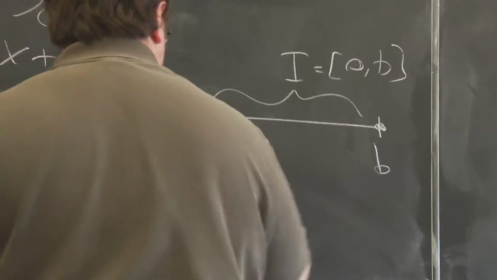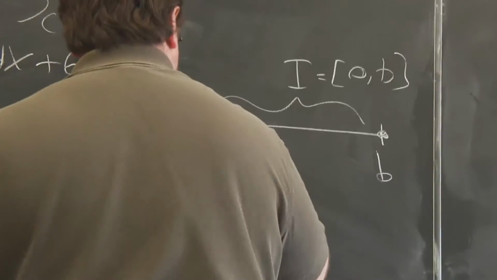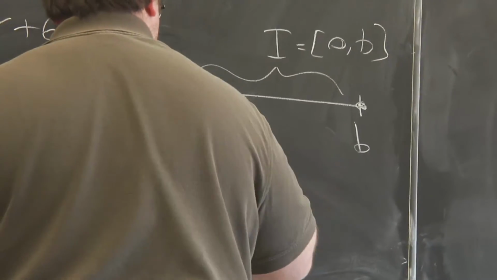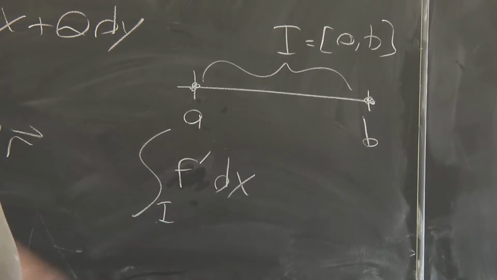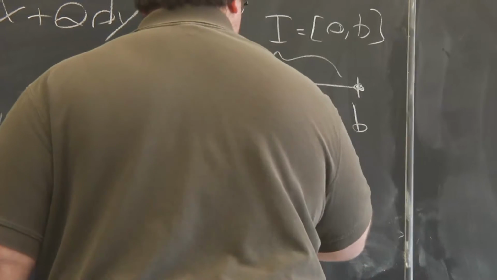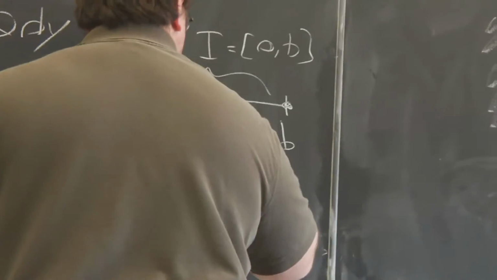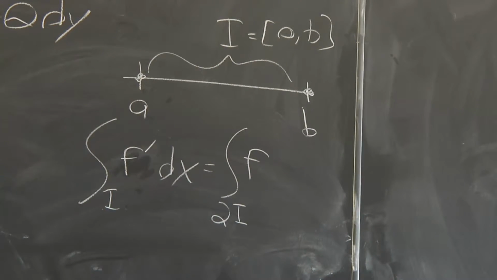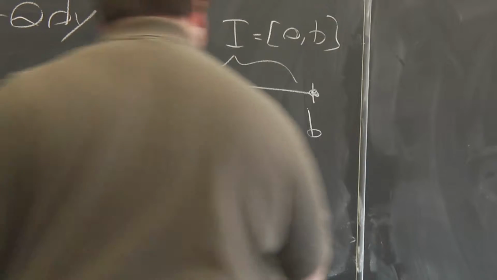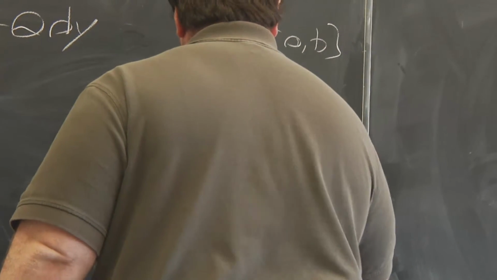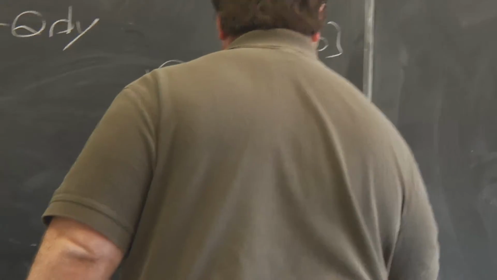Then we have the integral of f prime over the interval itself is equal to the integral over the boundary of the interval of f itself, and we define that to be f of b minus f of a.